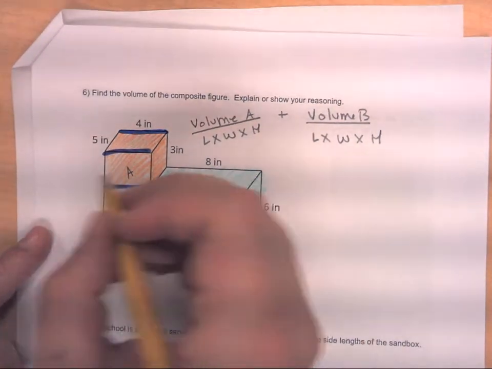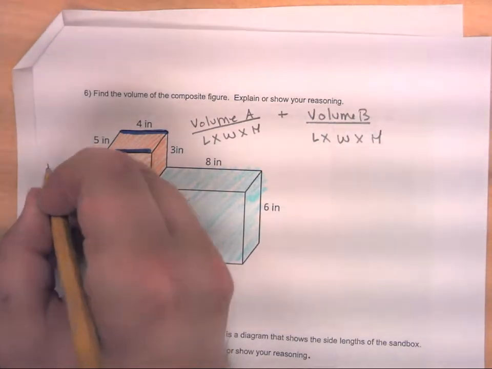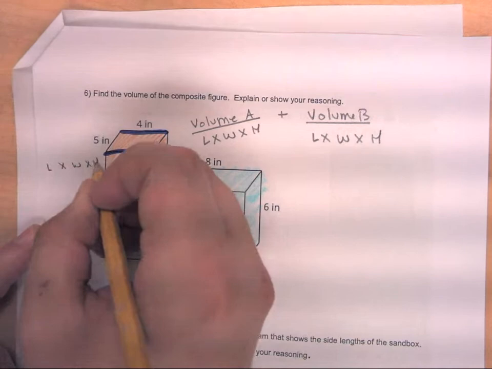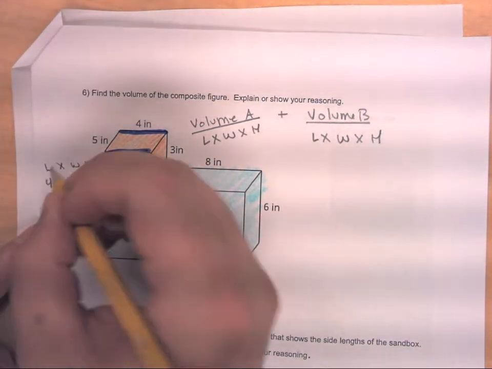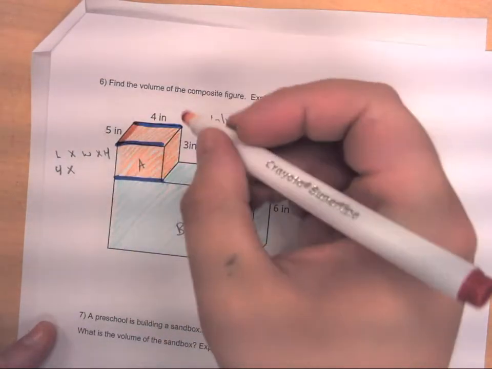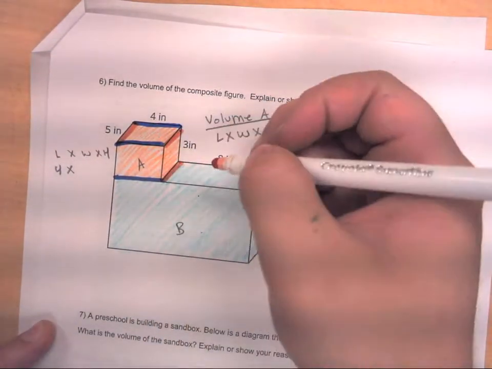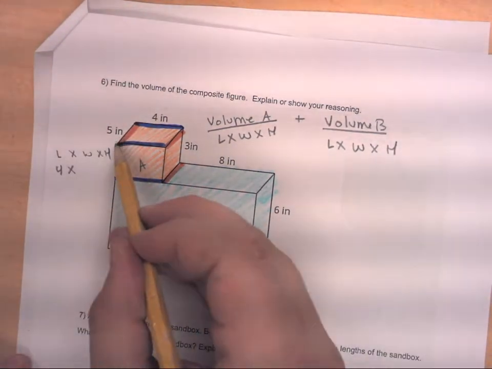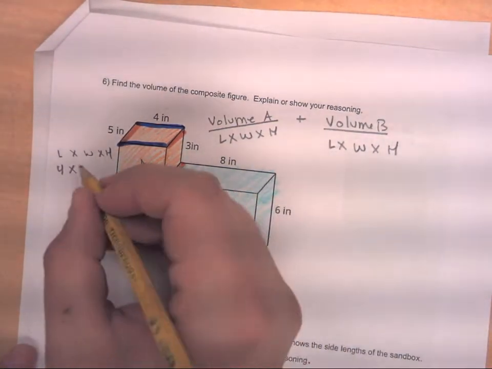So each of these locations represent the same length, the same value for the length. So for volume A, the length is 4. Next, I need to determine the width of prism A. And prism A has a width labeled 5.